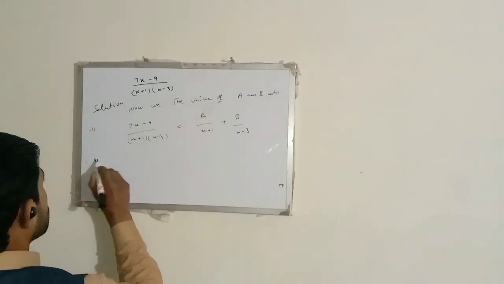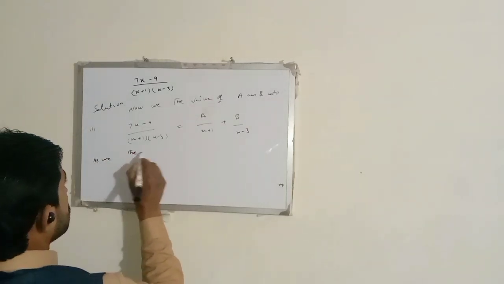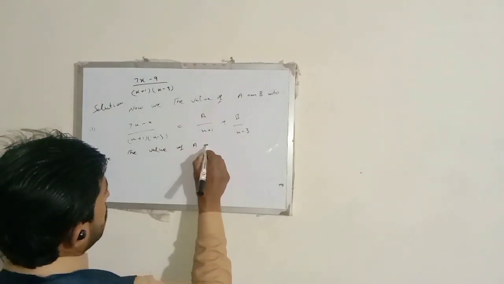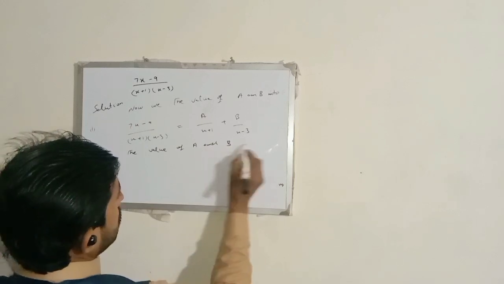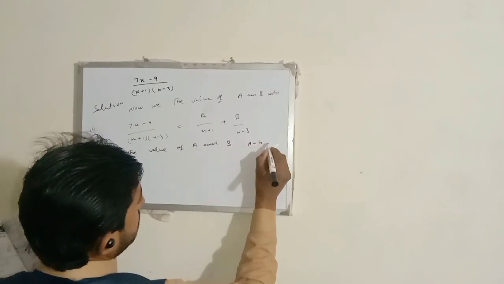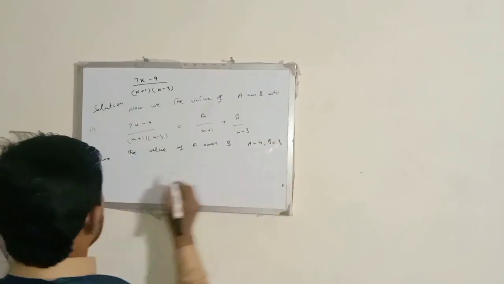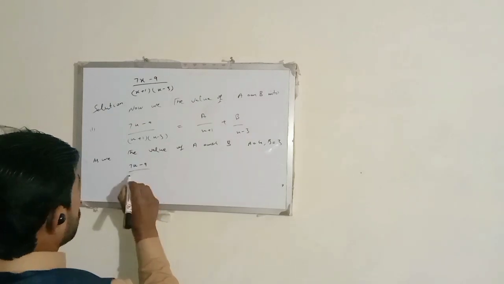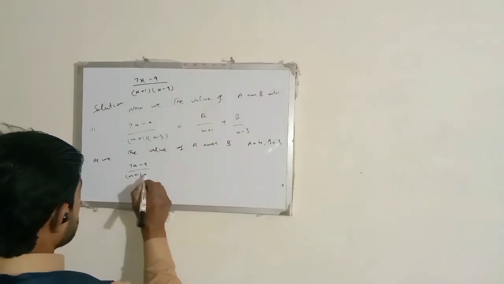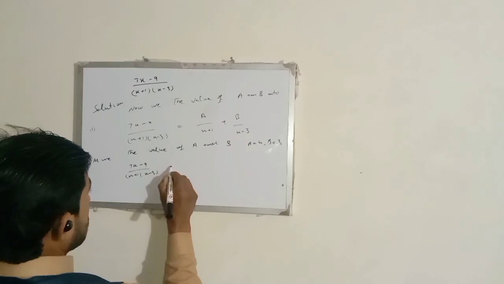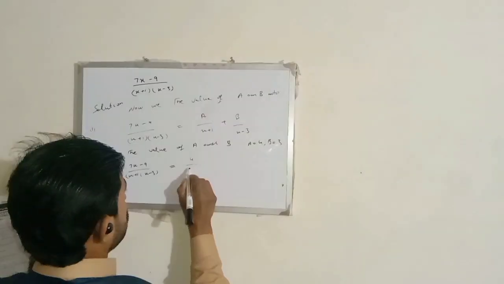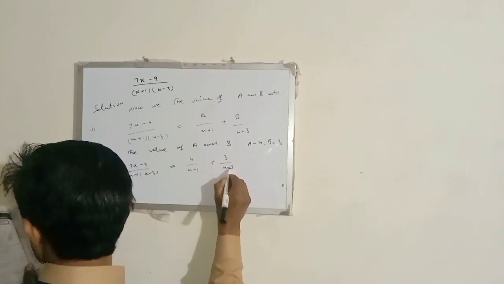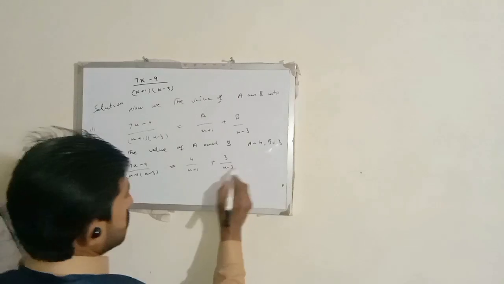As we know, the values are a is equal to 4 and b is equal to 3. Now we put the values: (7x - 9) over (x + 1)(x - 3) is equal to 4 over (x + 1) plus 3 over (x - 3). This is the required result.